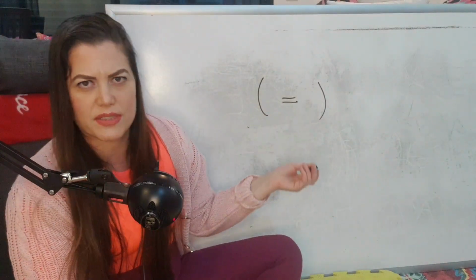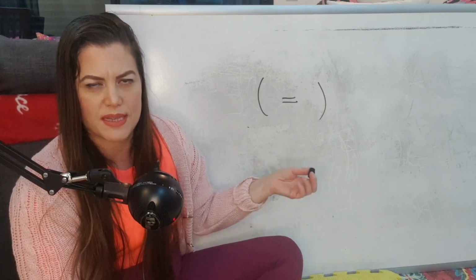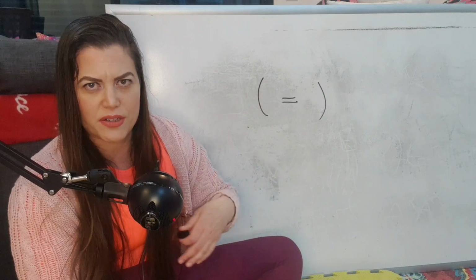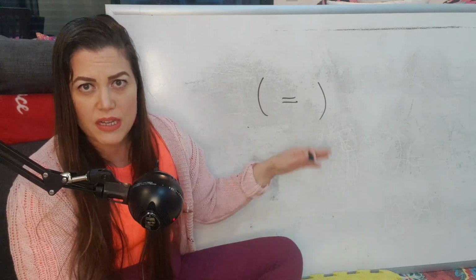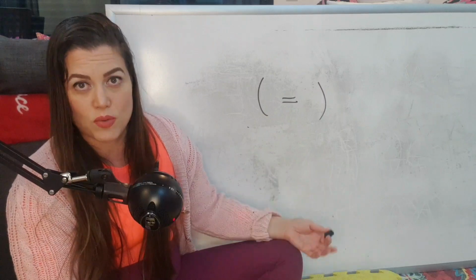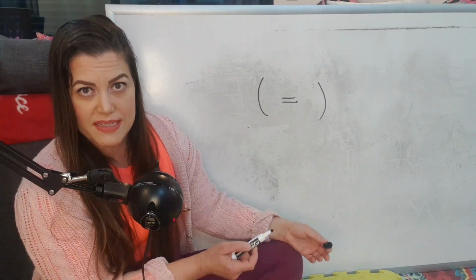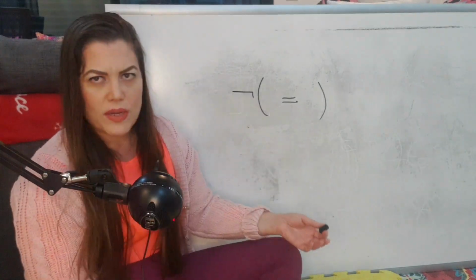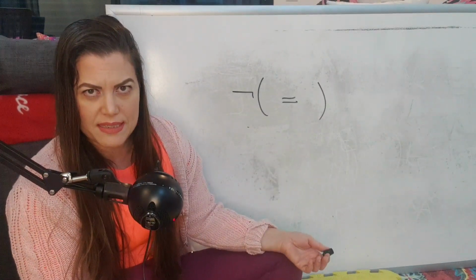Whatever something equals something else. It doesn't matter if it's numbers or quantifiers or variables or whatever. There is some kind of parenthesis, and in it there is an equal sign. And in front of this parenthesis we have this negation sign. So what do we do now? How can we eliminate this negation sign?